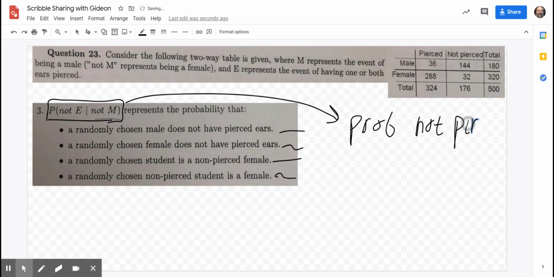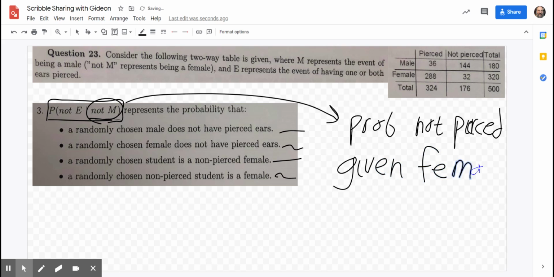That's the event. And the second part, as I've said many times, is the given. So that's the way I'll put it: given. And since we're using not M as our symbol for female, now we know we have to look for the English that corresponds to asking about ears not pierced, given the fact that the student is a female.